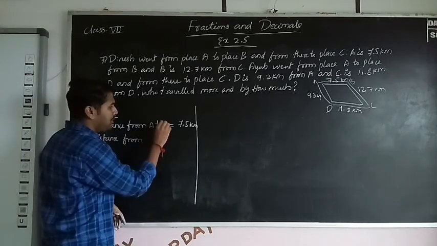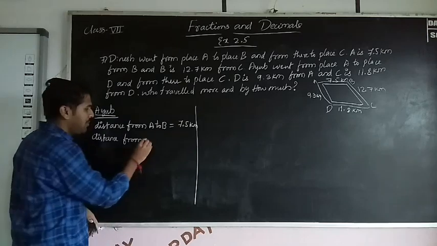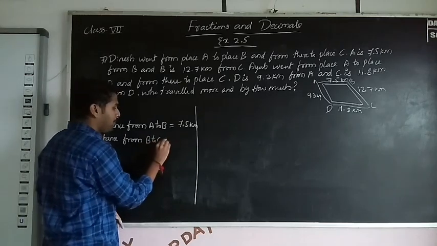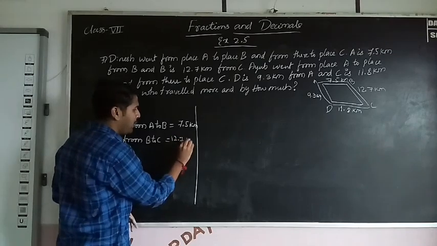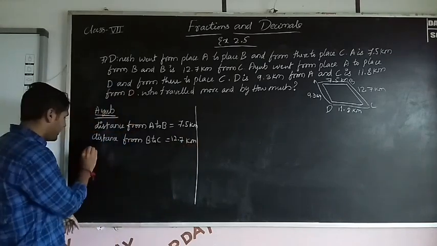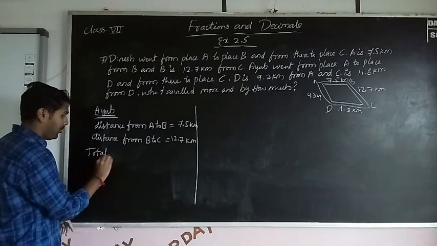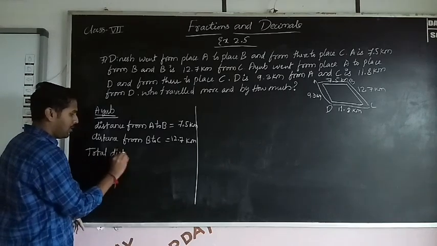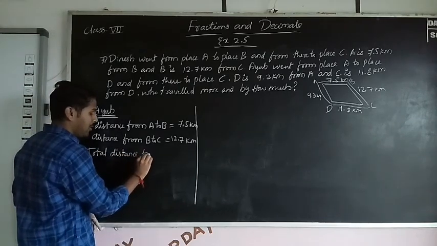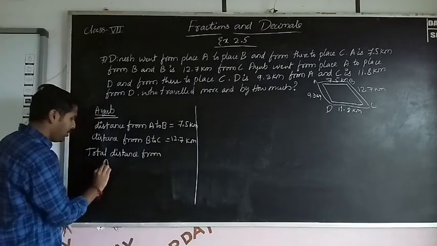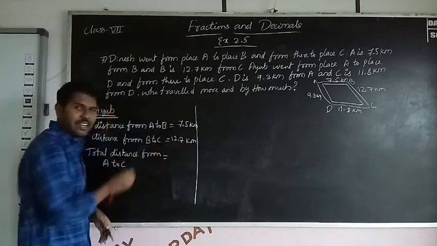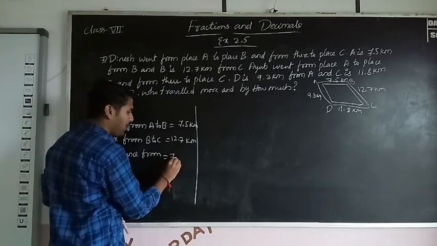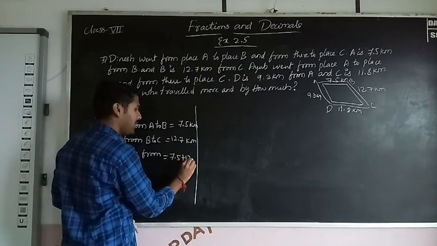Next, B to C, that is 12.7 kilometer. So the total distance from A to C. So just add it, 7.5 plus 12.7.